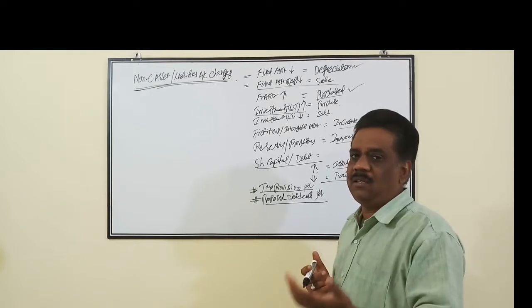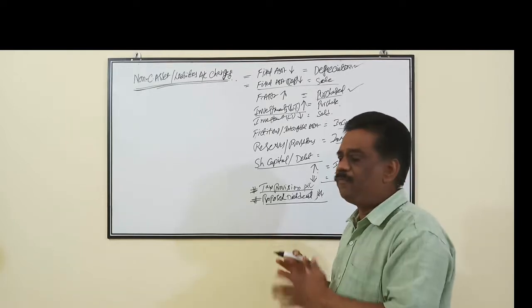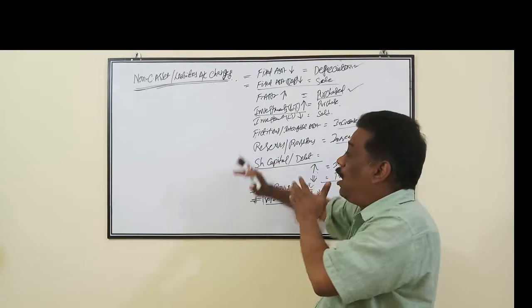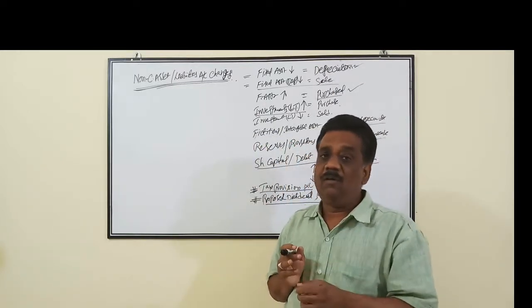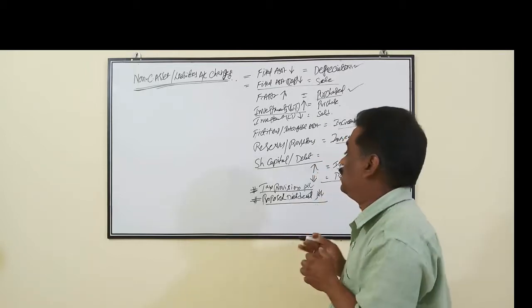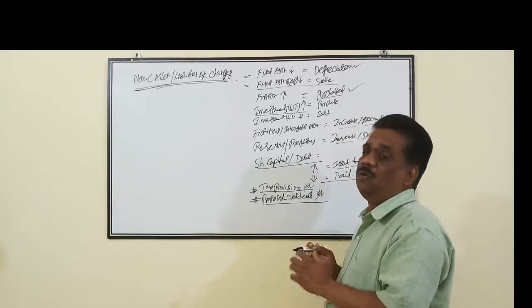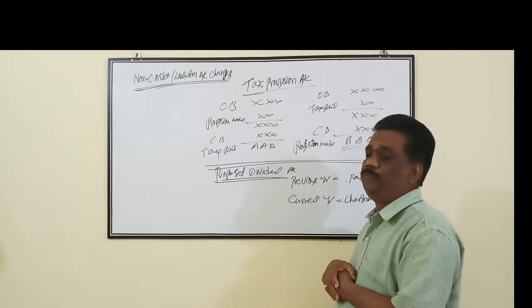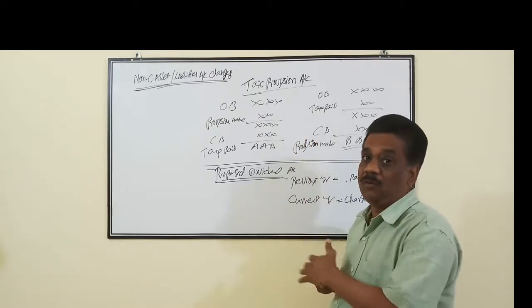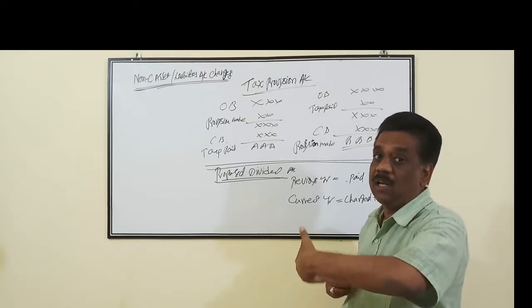Their treatment is to be discussed later. In this manner, all non-current assets and liabilities accounts must be observed, and such changes identified, to go further. Let us study the two other accounts which come in our way.